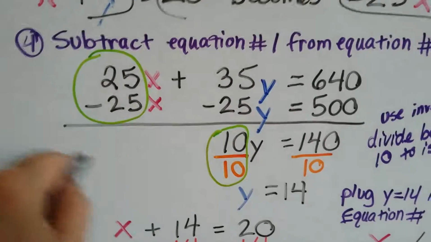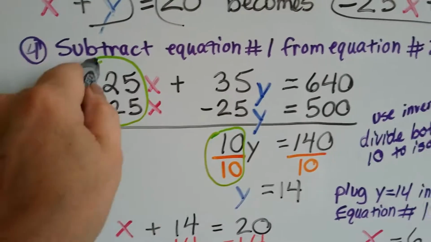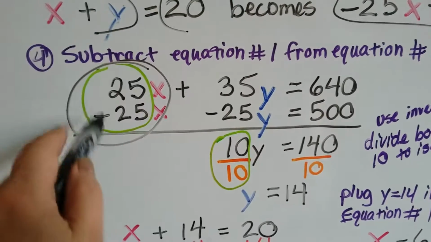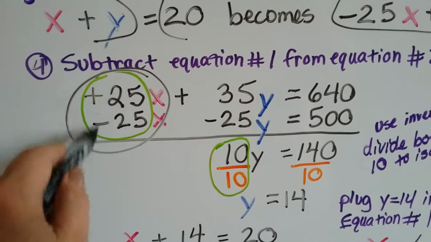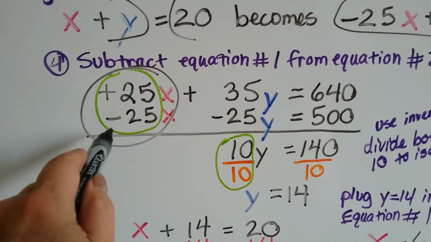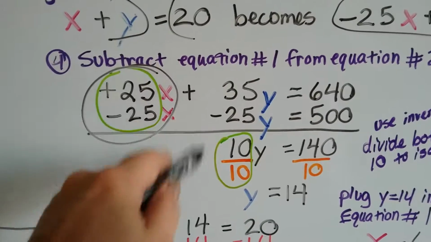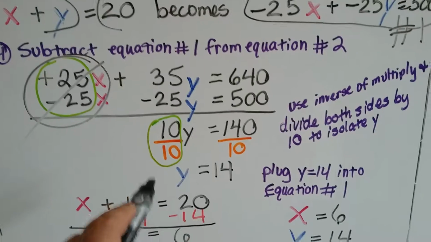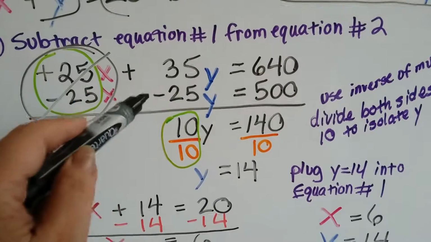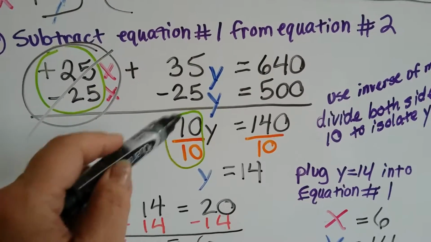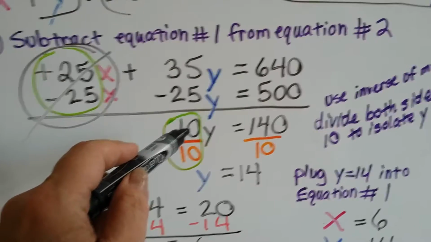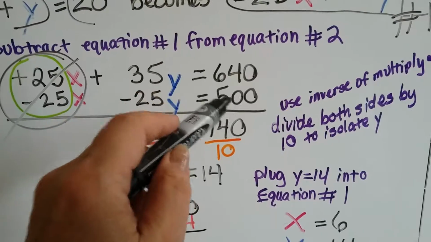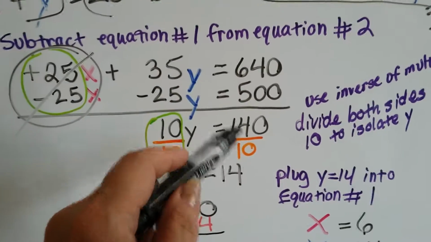And this ends up falling off. If we have a plus 25 and we take away a negative 25, then it's gone, isn't it? We've just eliminated it. So now we just have 35y minus 25y, and that gives us 10y, and 640 minus 500 is 140.